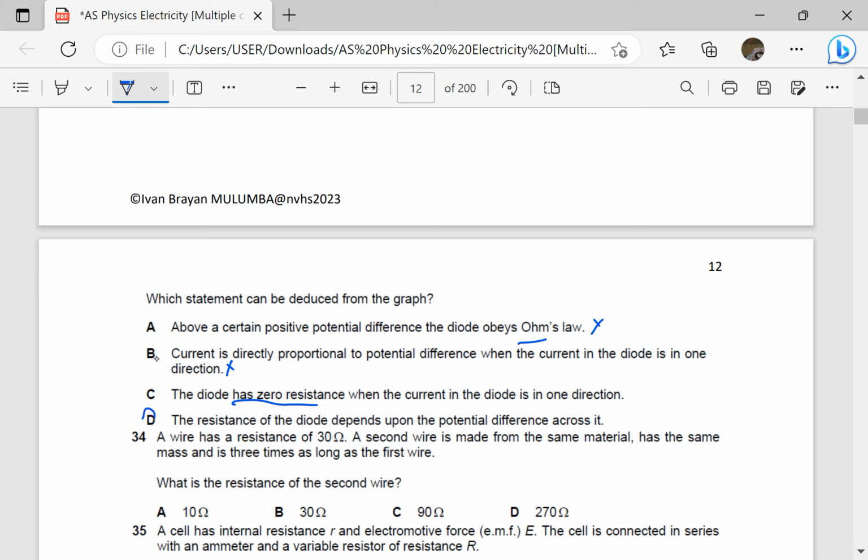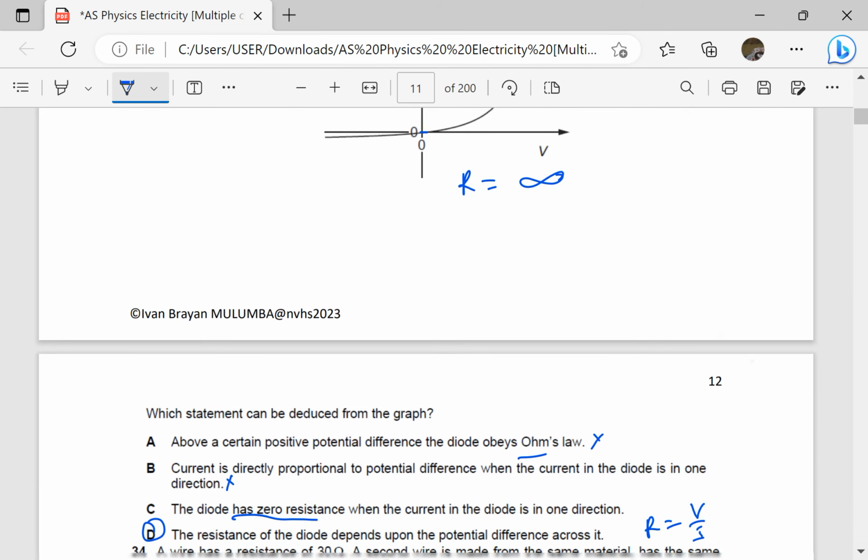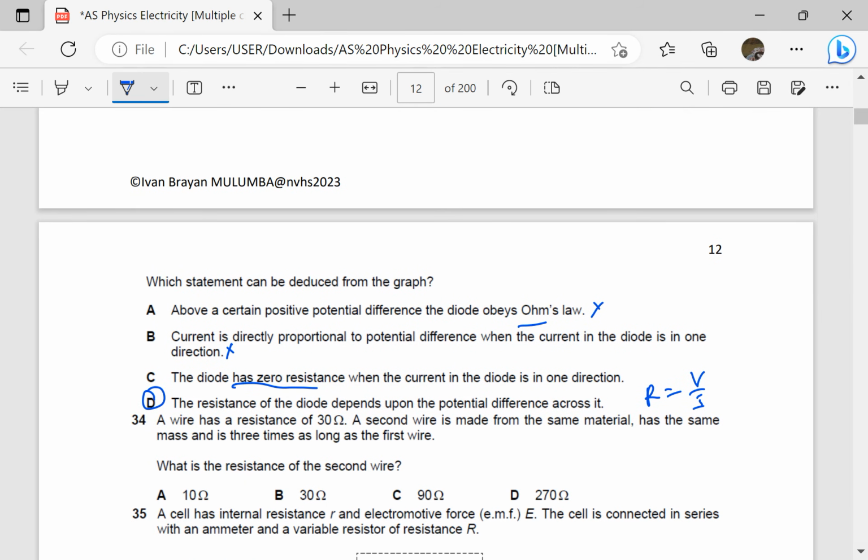And I think this is very true. Resistance is equal to V over I. So the resistance of the diode will depend upon the potential difference across it. When the PD reaches a certain value, then the resistance decreases, and then the current flowing increases. So the answer is going to be D.